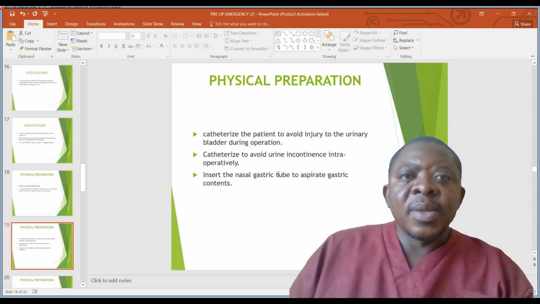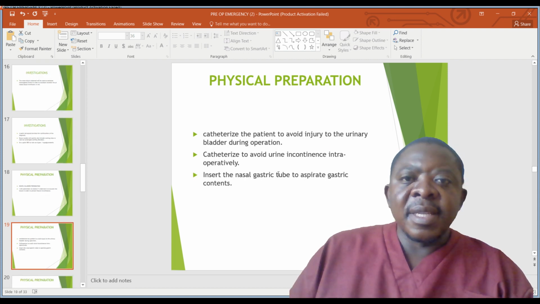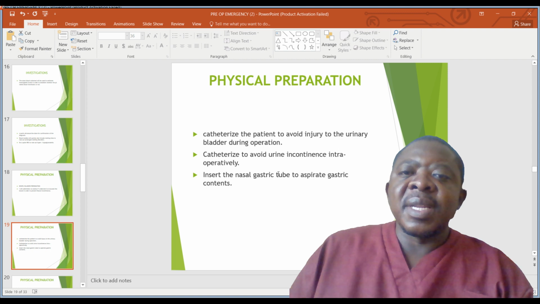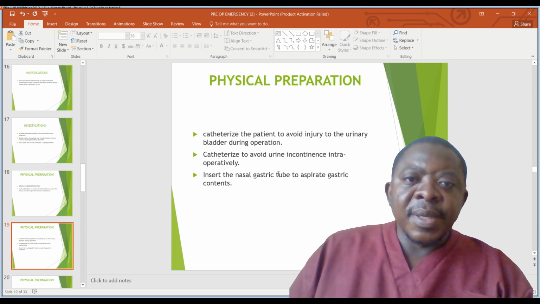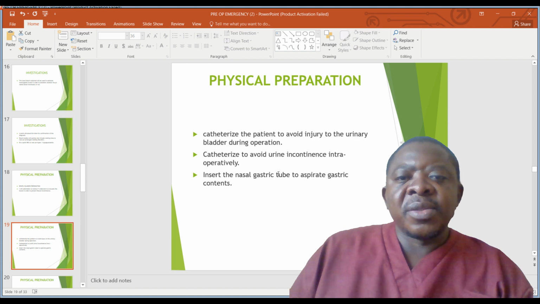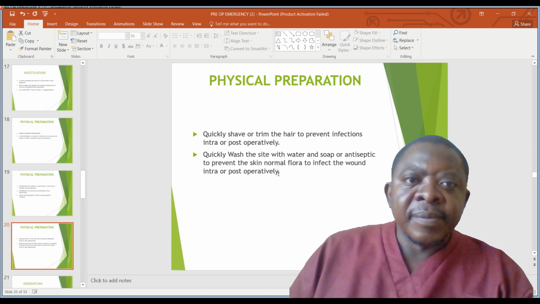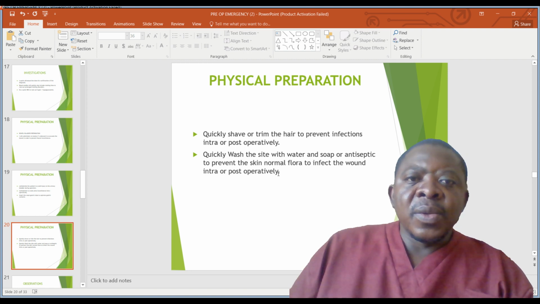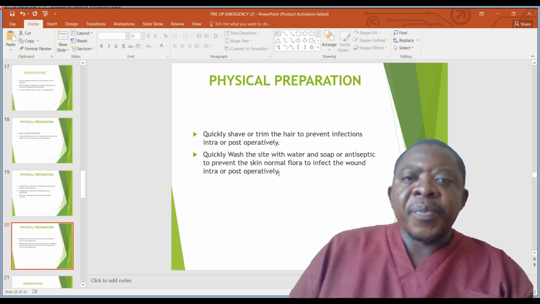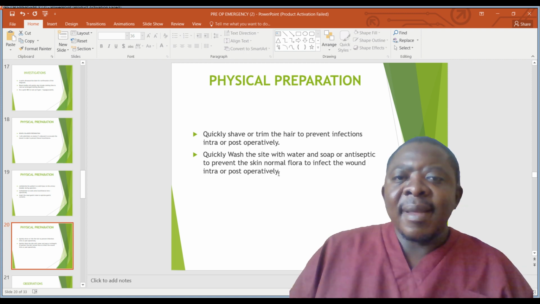You can catheterize the patient to avoid injury to the urinary bladder during operation, and catheterize to avoid urinary incontinence intraoperatively. You can also insert the nasogastric tube to aspirate the gastric contents.